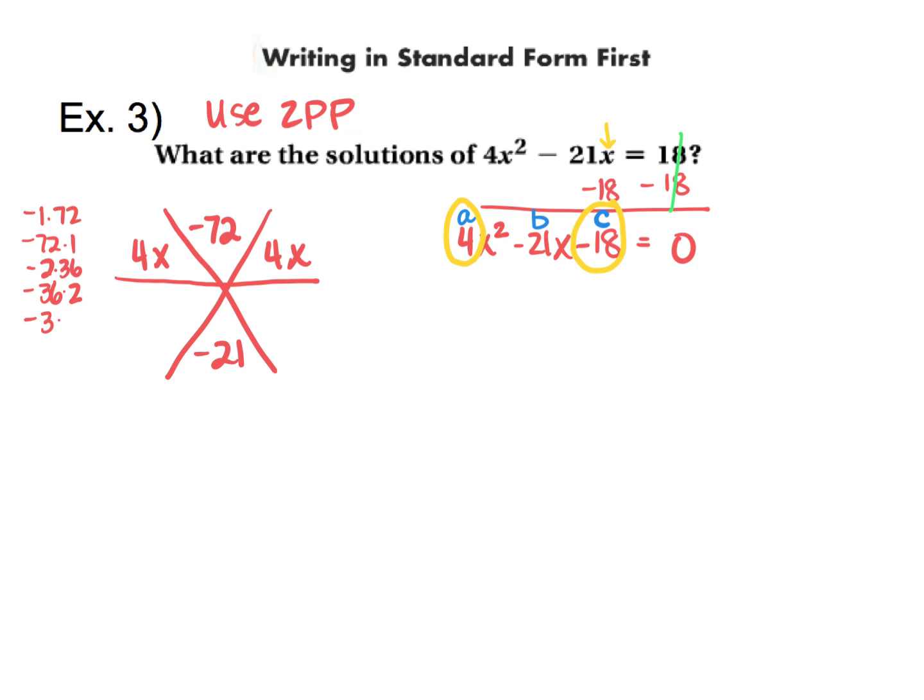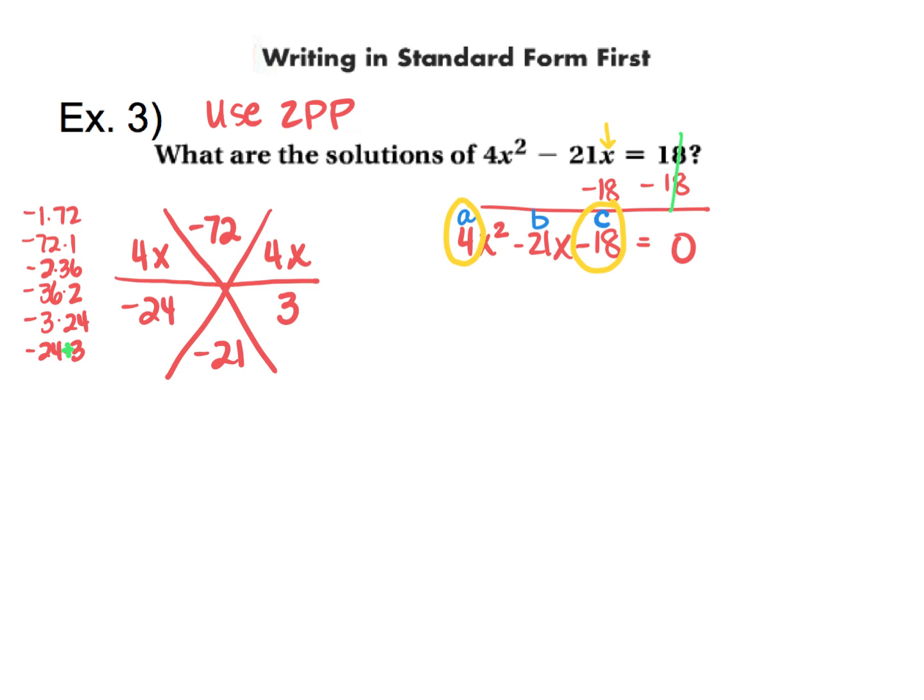Okay, so 3 goes into 72, so we're looking at that at 24, or negative 24 and 3. And we can stop right there because that combination is what's going to produce a negative 21 for us. So if we change this last one to an addition, negative 24 plus 3, we're looking at negative 24 and positive 3.